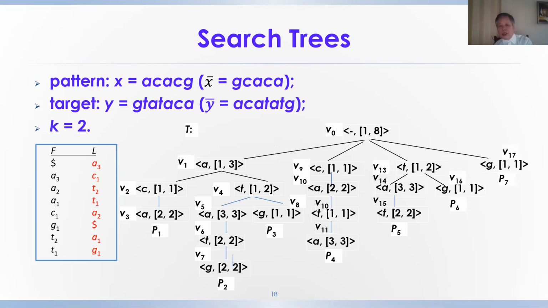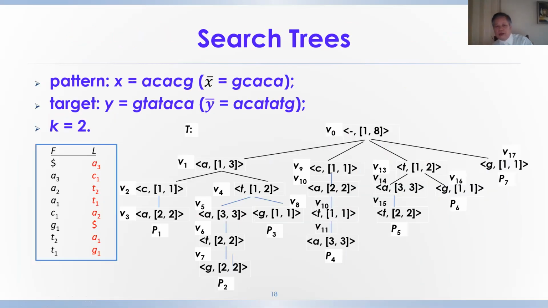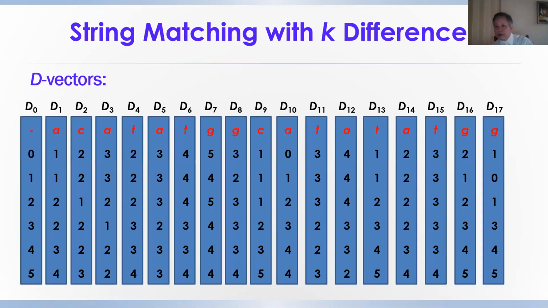What is important is, in this process, we'll generate a lot of dynamic programming matrices, each corresponding to a path, corresponding to a search sequence. For example, for the first path, we will generate a matrix which contains the first columns as shown here.